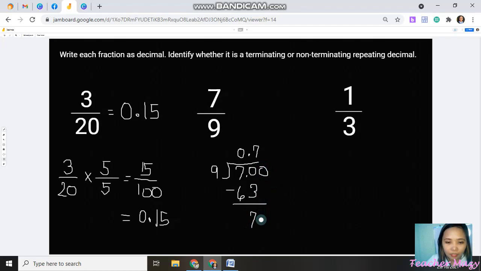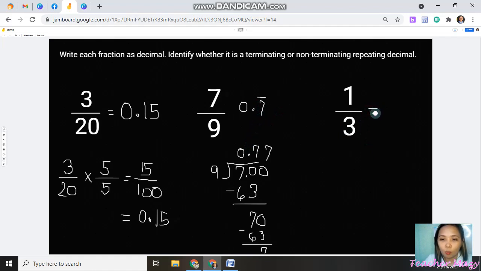Let's add another 0 and another 7. So it is a non-terminating, repeating decimal. This is 0.7, and let's put a bar on top to indicate that it is a repeating decimal.